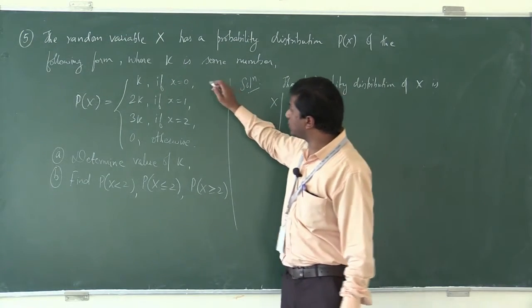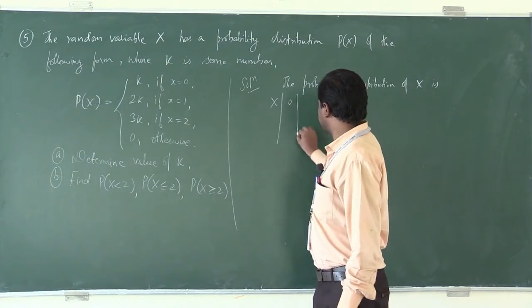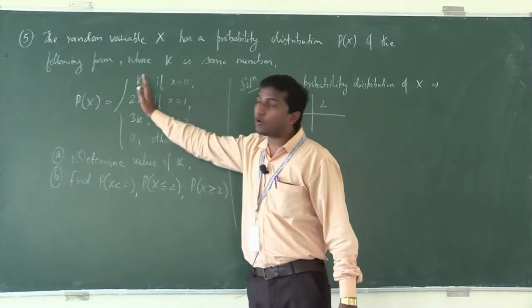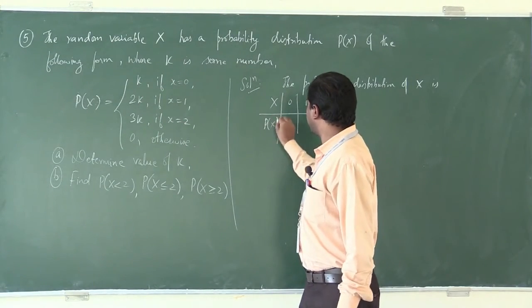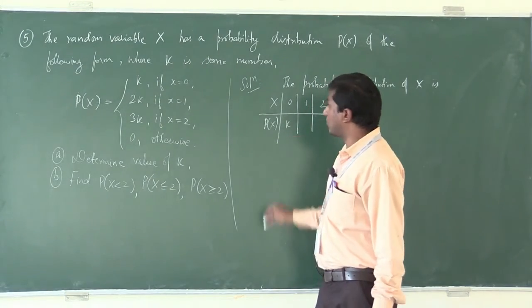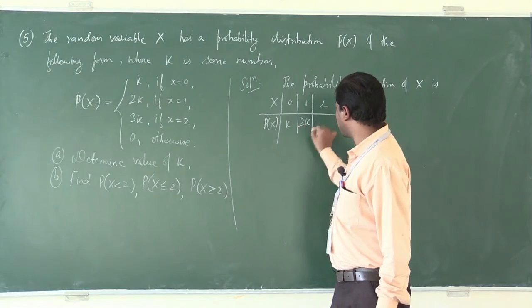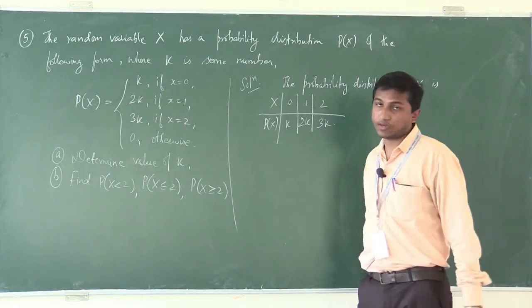So the possible values that x can take are 0, 1 and 2. Corresponding probabilities. P of x is k when x is 0. When x is 1, it is 2k. When x is 2, it is 3k.